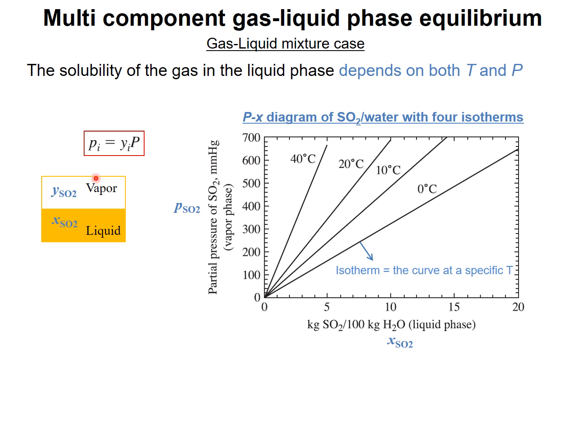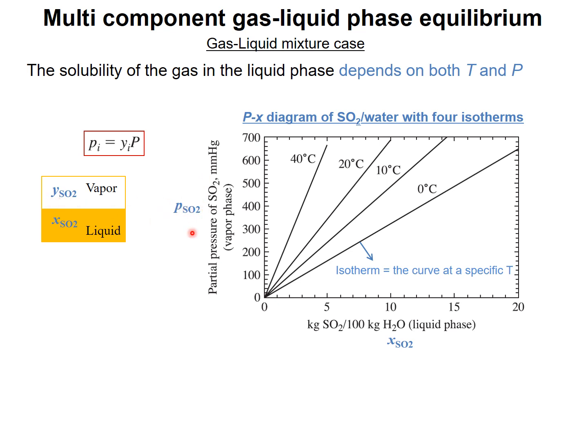The vapor phase also has its own composition, Y with subscript SO2. So this X SO2, the liquid composition, goes to the x-axis, and the vapor composition of SO2 goes to the y-axis. But it is not exactly Y SO2.